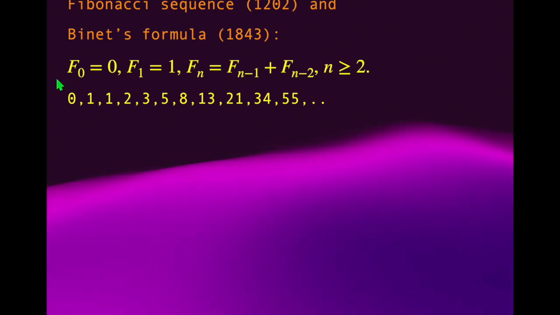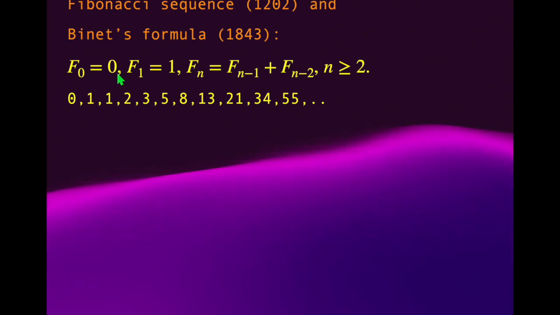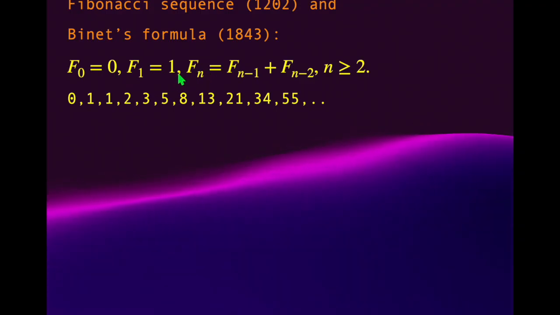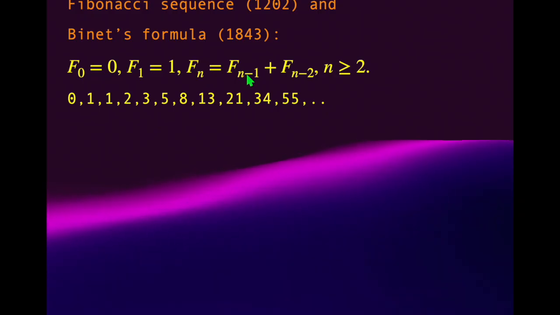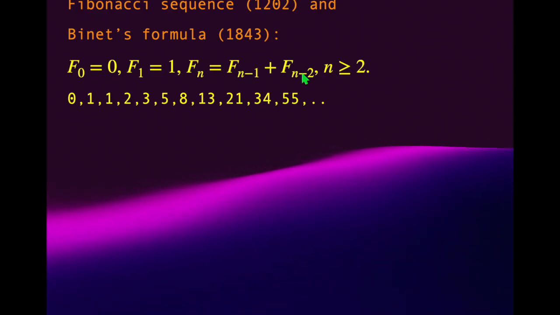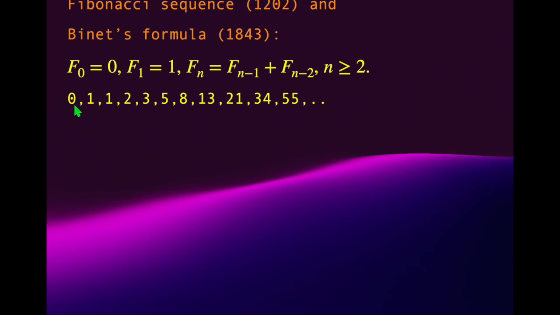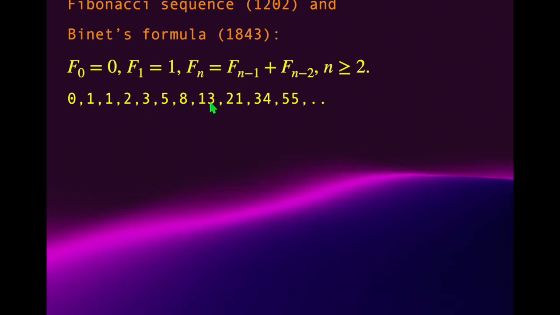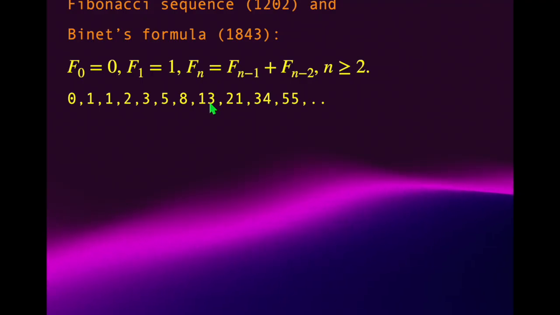This sequence starts with 0 and 1, and then any term is given by adding the two previous ones. So it begins with 0, 1, 1, 2, 3, 5, 8, 13, and so on.